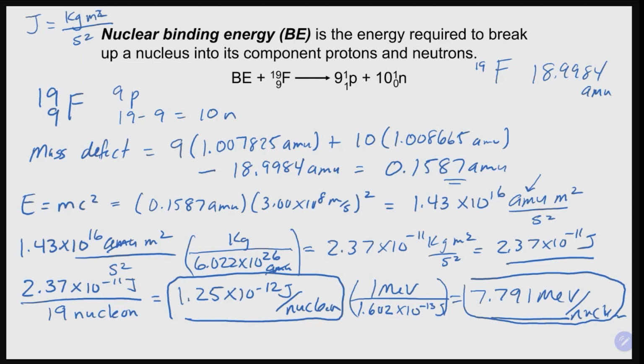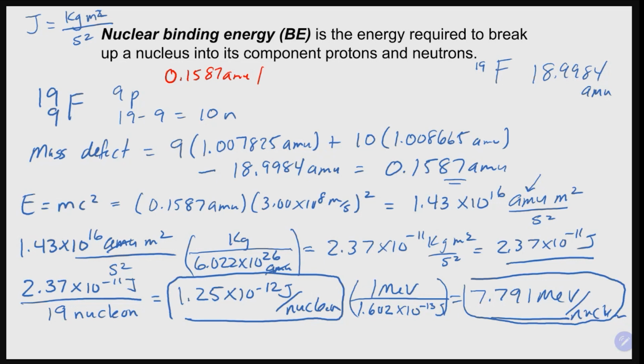Now, we could, if we wanted to, just straight up use those conversions rather than Einstein's equation. And those conversions I'm talking about, which were on the previous page, we could have actually just picked up with our AMU, which was 0.1587 AMU.